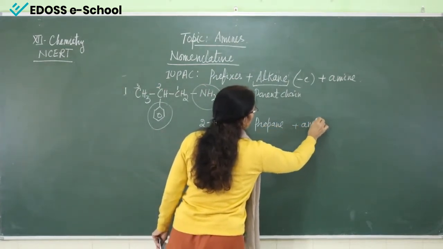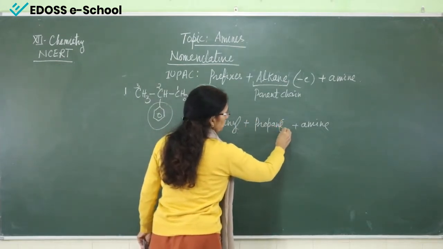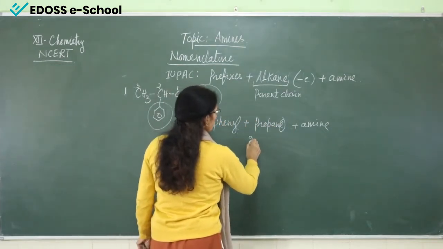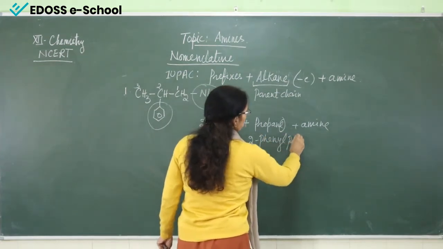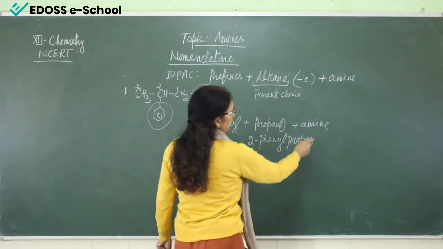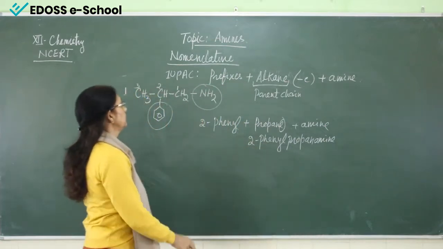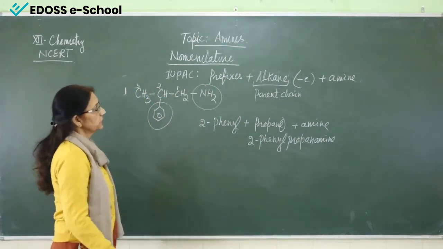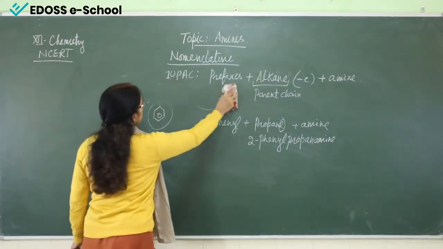We have to replace this E. So the name will be 2-phenylpropanamine. Remove the E and add amine. So this is the IUPAC name of this organic compound.